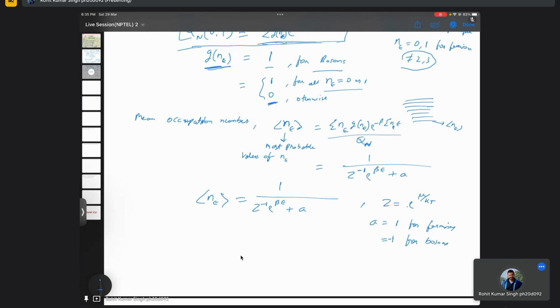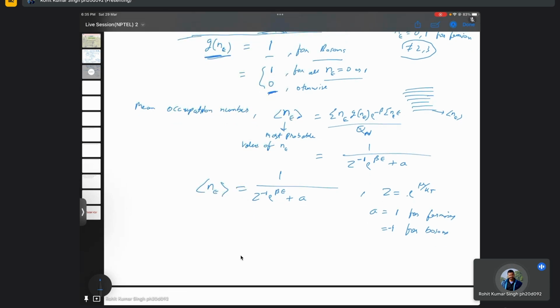Okay, so to understand what this function looks like, let's try to plot it.